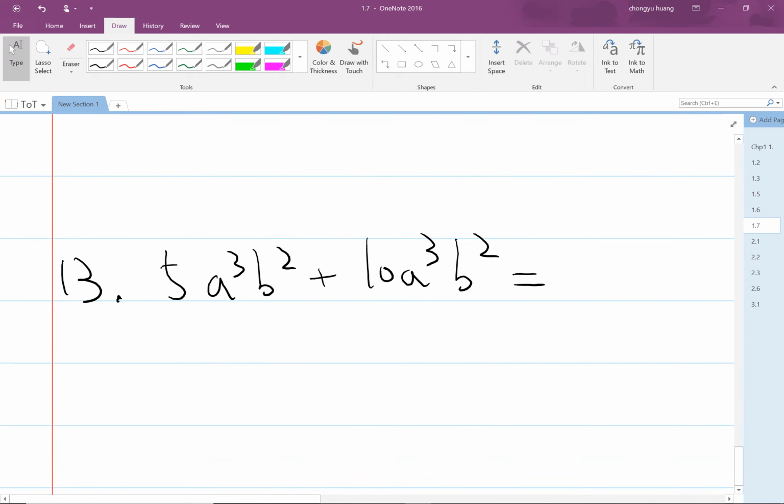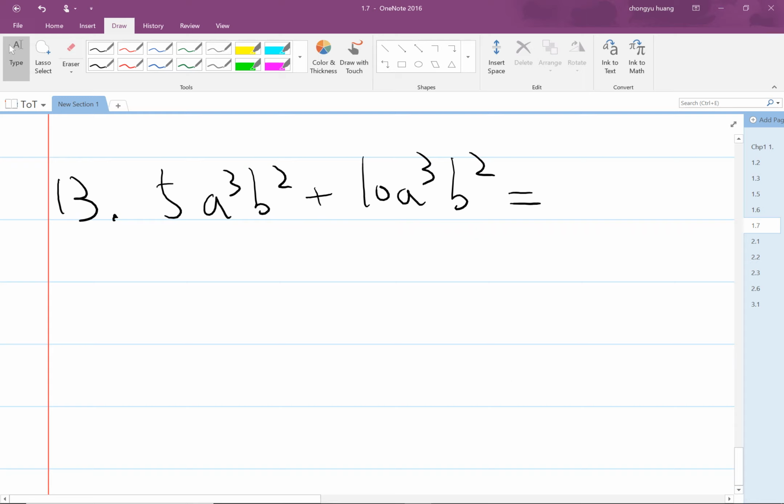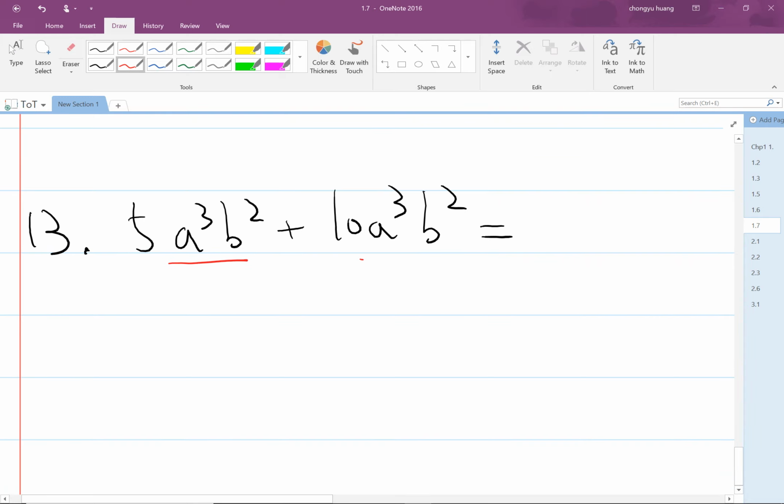So for question 13, let's take a look. Remember what I said before about those terms? When you are adding or subtracting those terms, you want to make sure they are the same term, the same thing, right?